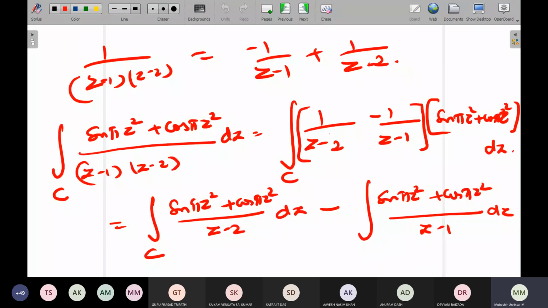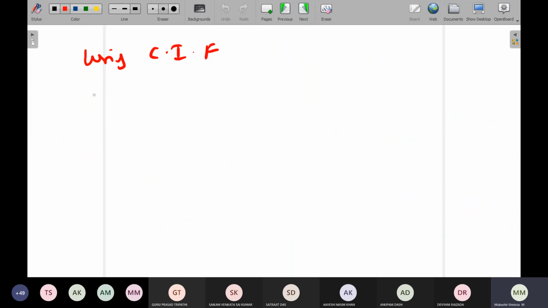in the first integral, I'll rewrite it using Cauchy integral formula. Your given region is mod z equals 3. And what is the point in the first integral? The point in the first integral is 2.